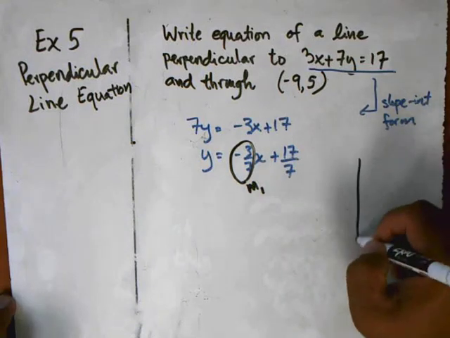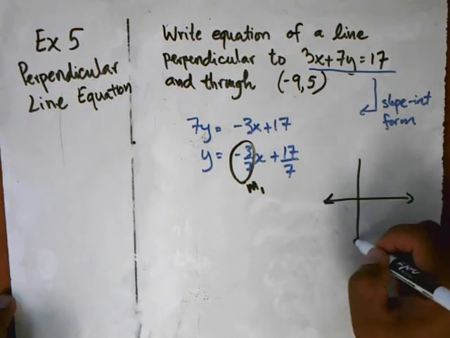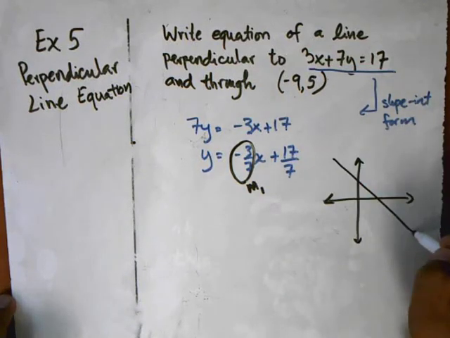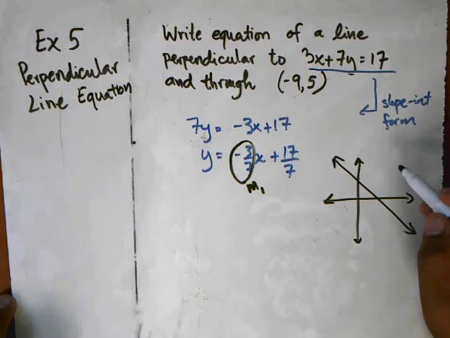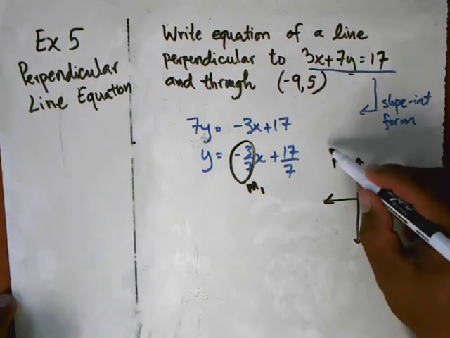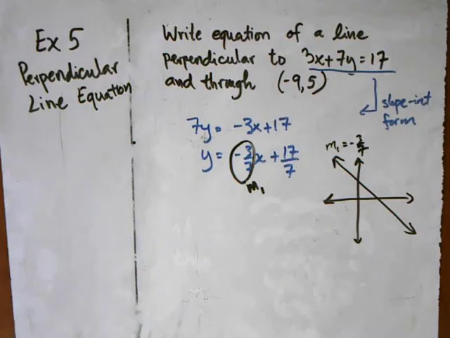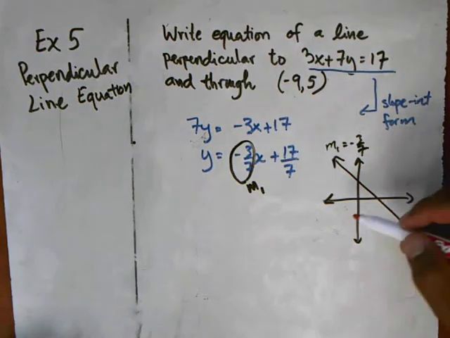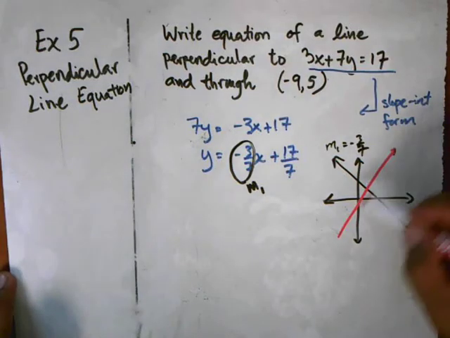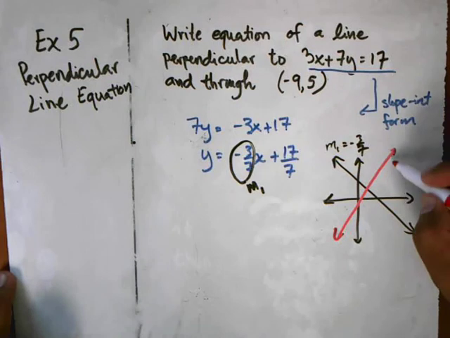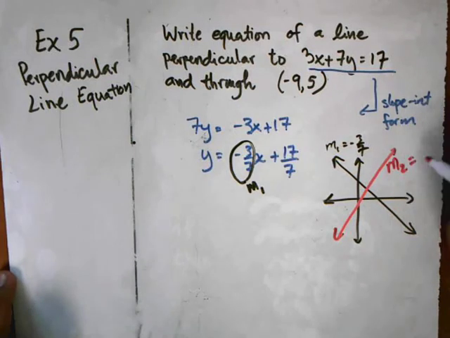So to illustrate, just a quick sketch here, if we have a line here that goes this way, and has a slope m1 equals negative 3/7, the line that we are looking for is actually perpendicular to that, and it's got to have a slope of m2, which is the opposite reciprocal of this, so that has to be 7/3.